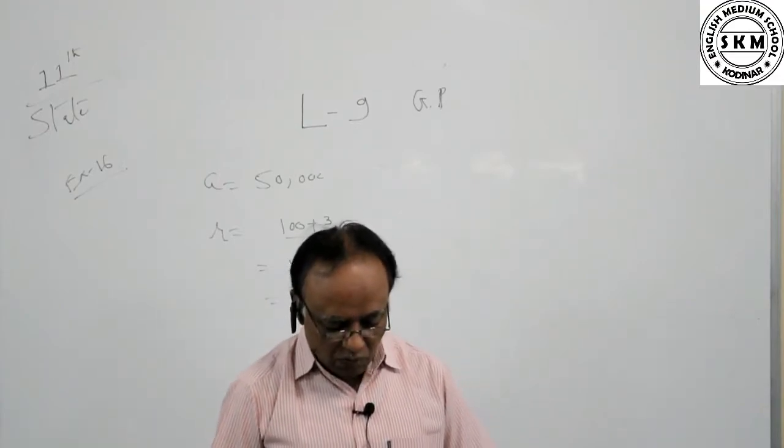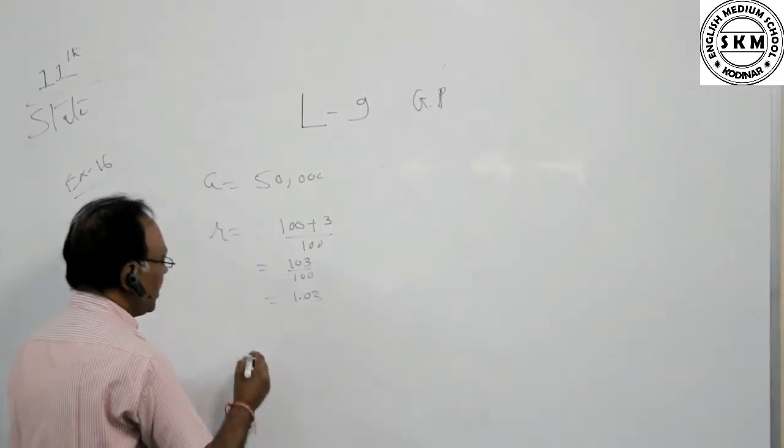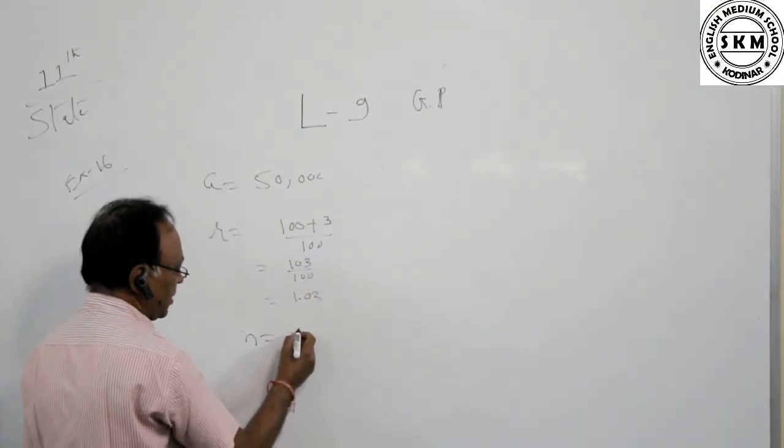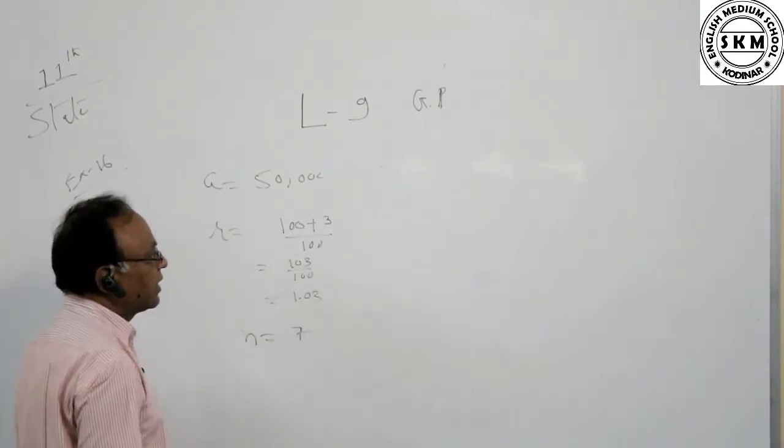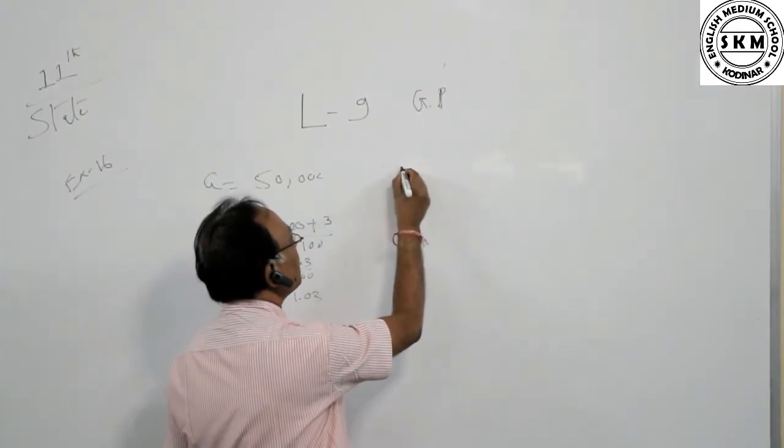Now what is n? At the end of 6 years, so we take it as 7. Apply the formula.